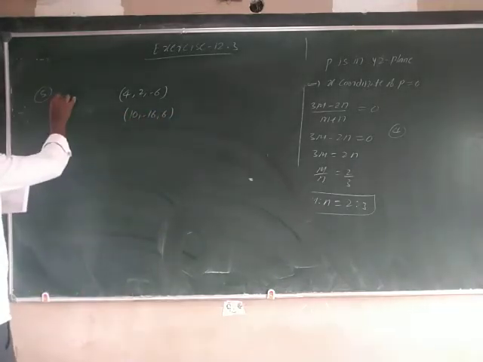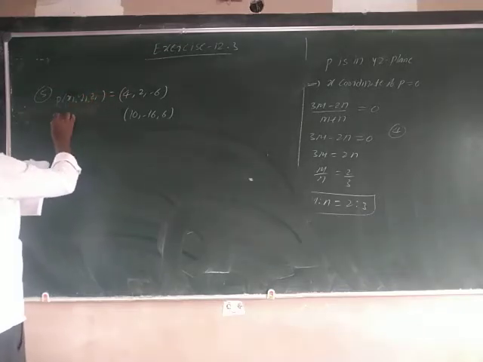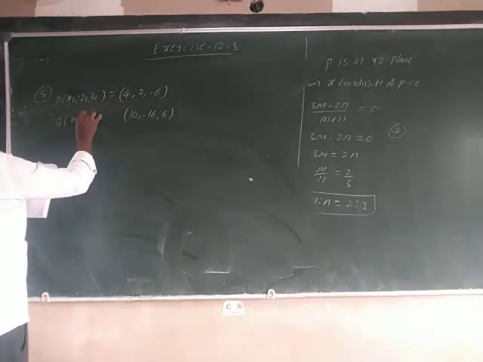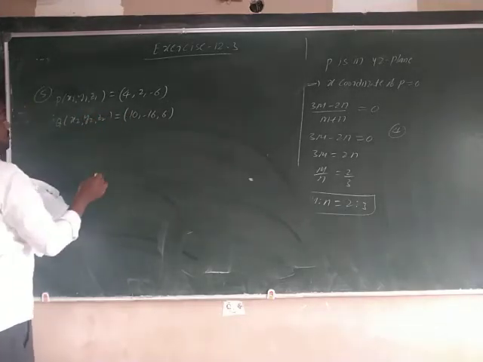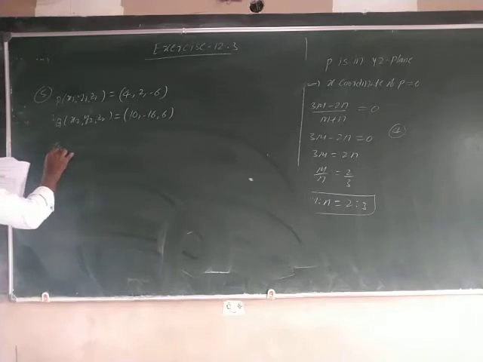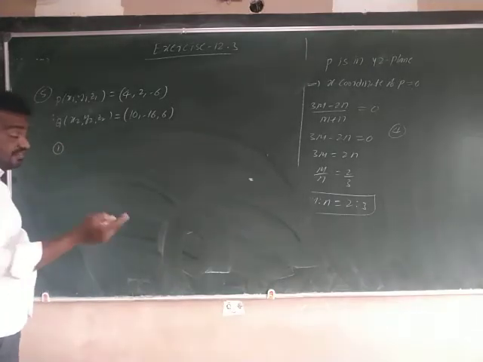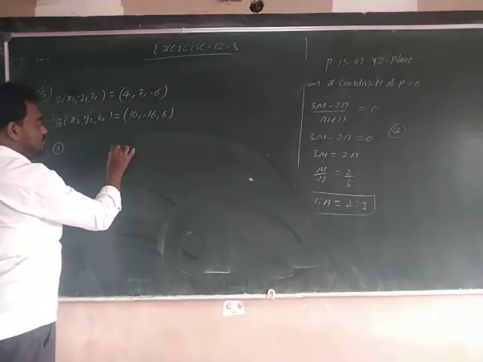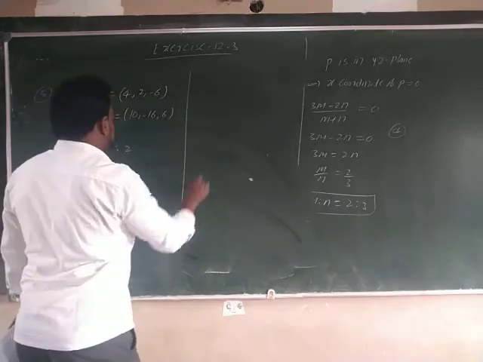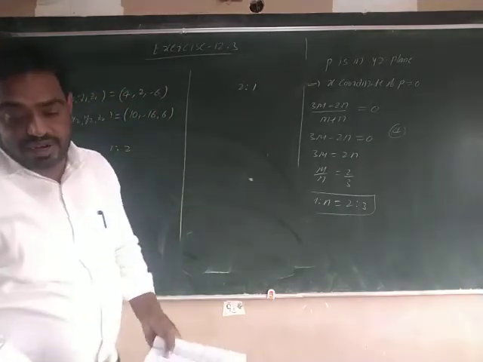The first point you take as x1, y1, z1, and the next point as x2, y2, z2. Trisection points are the points dividing in the ratio 1:2 and 2:1. These points are called trisection points.